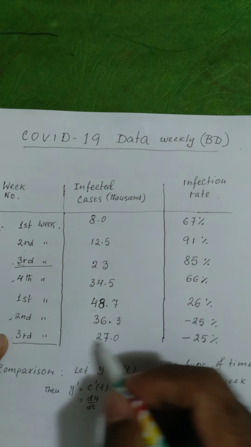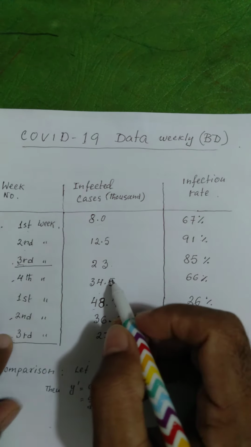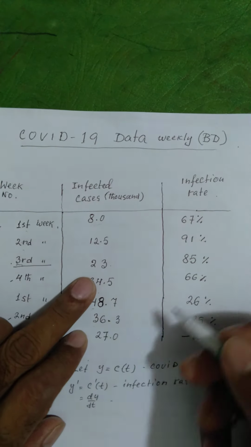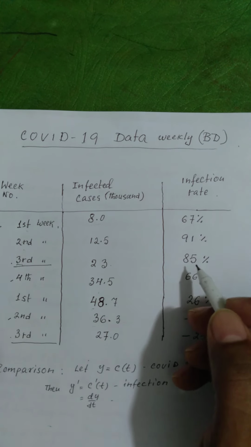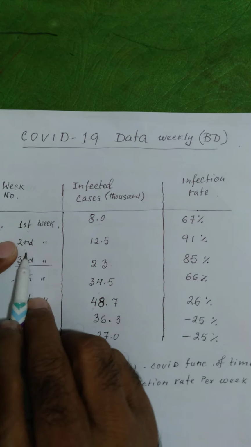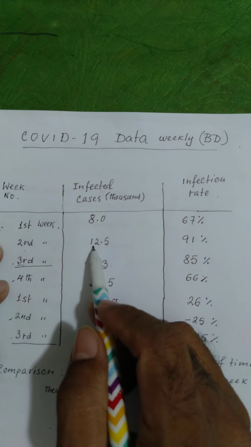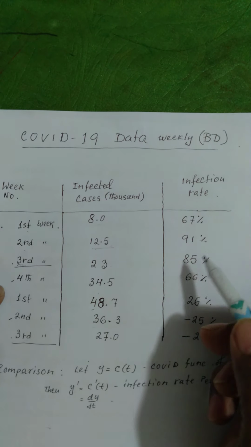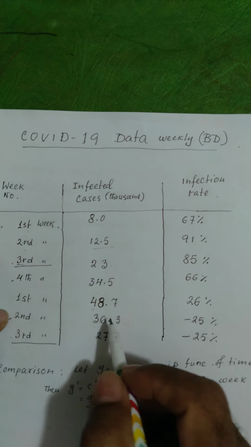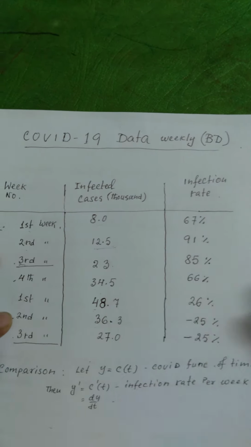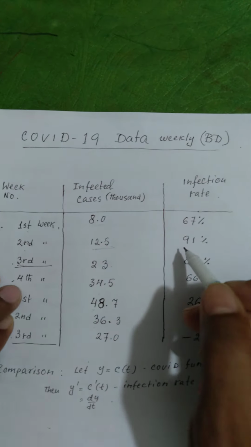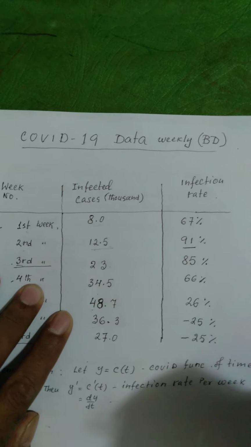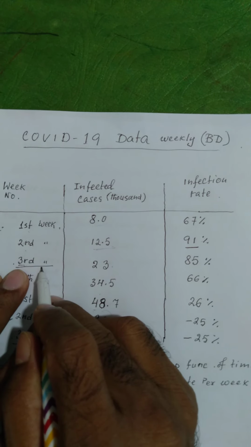So we cannot say anything here, but if we compare the rate of change, that is per week rate of change, we can see, suppose second week of March, 12.5 thousand, and in April 36,000, again an increase. Here we can see 91% infection rate increases.